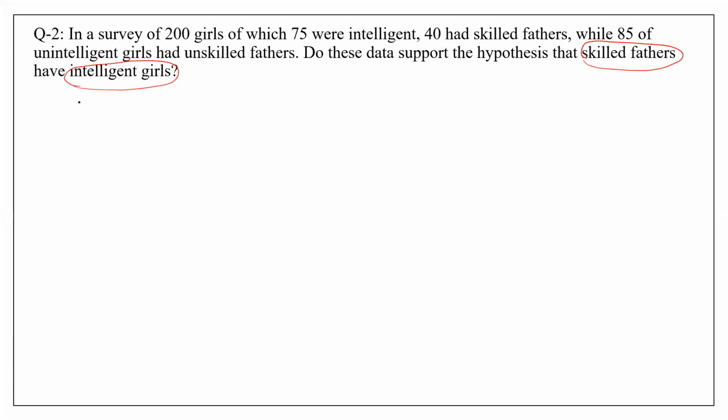They want to test the hypothesis that if the father is skilled, it also implies that the girl will be intelligent. This is what they want to check, the independency between that, whether they have some independency or not. So I hope the question is clear.